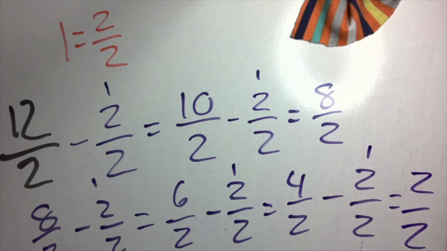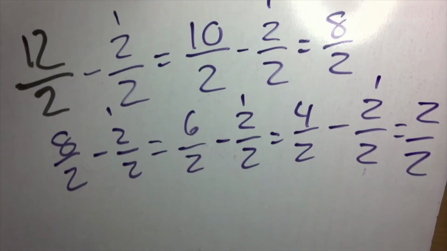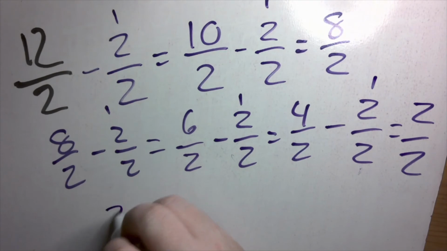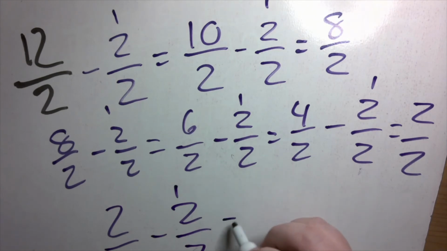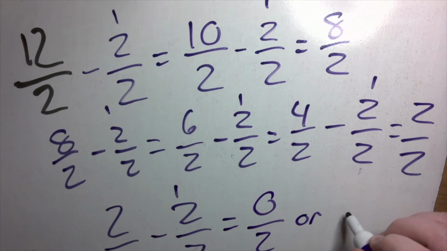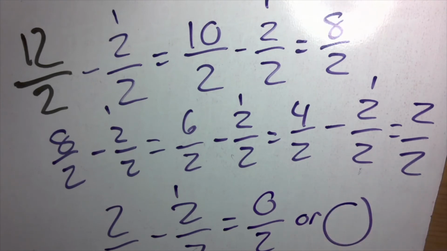Guess what? I can do it one more time. And that's what I'm going to do. 2/2 minus 2/2. Remember, this one is our 1. Equals 0/2 or 0.